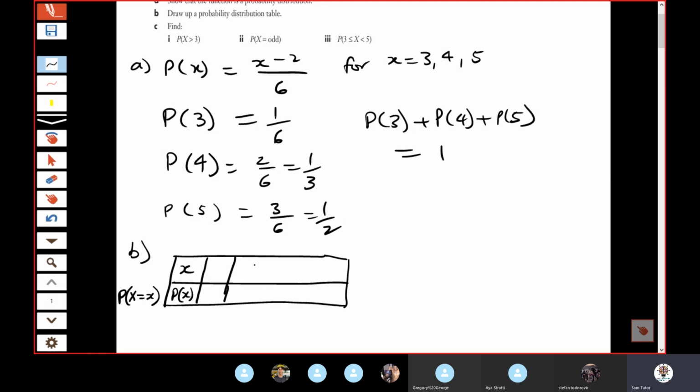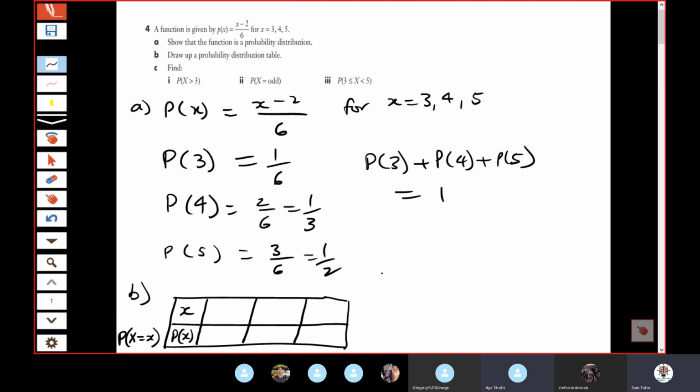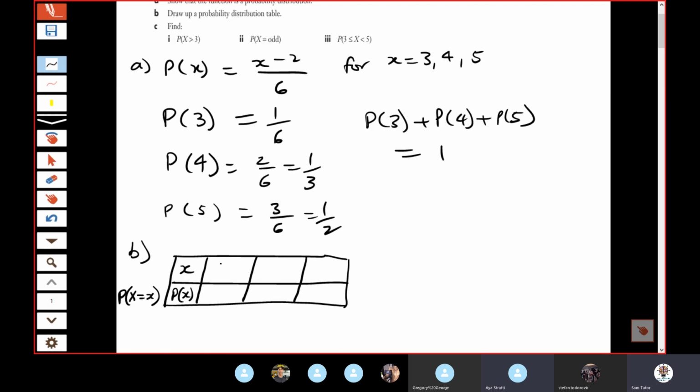Then what are our numbers that we're going to choose for our score? So what are our numbers here for x's? 3, 4, and 5. Probability of x occurring? 1 over 6.